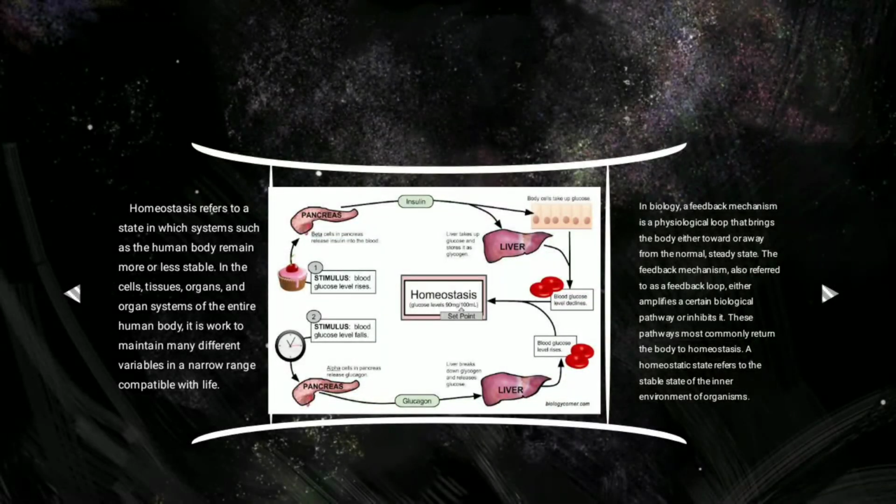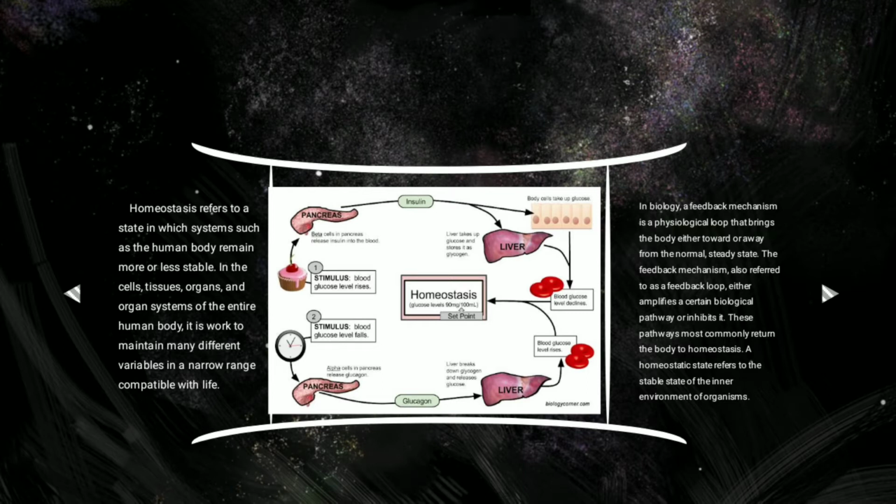Homeostasis, this is the definition of homeostasis. Homeostasis refers to the state in which systems such as the human body remain more or less stable in the cell, tissue, organ, and organ system of the entire body.